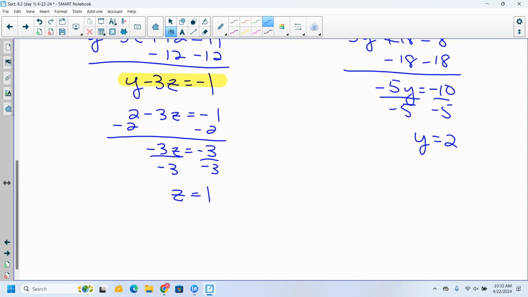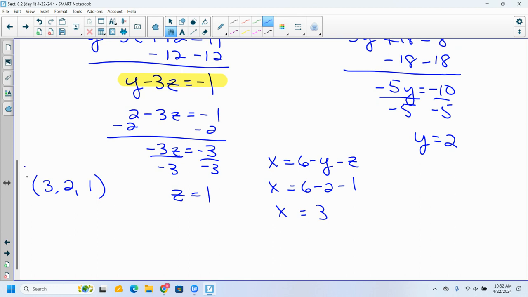It's easier if you do the x equals, what do we have? 6 minus y minus z. So plug in 2, plug in 1, and I get 3. Make sure you write this down as 3, 2, 1 in that order.